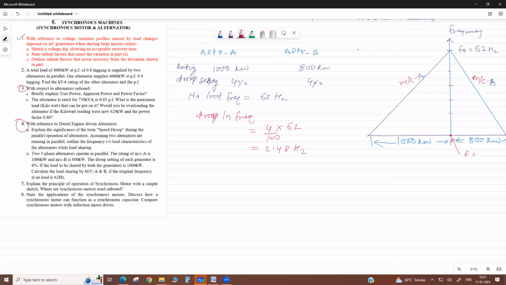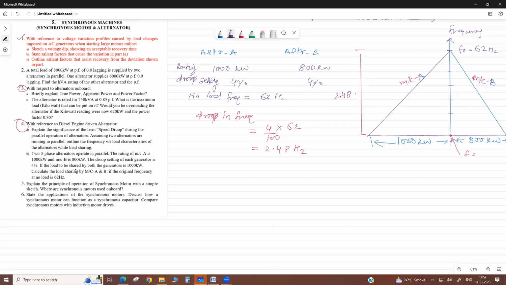Means what is this total drop here to here? What is this drop in frequency? 2.48 hertz, the drop in frequency from here to here.